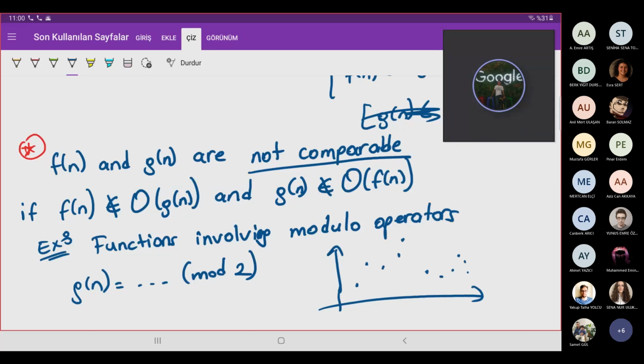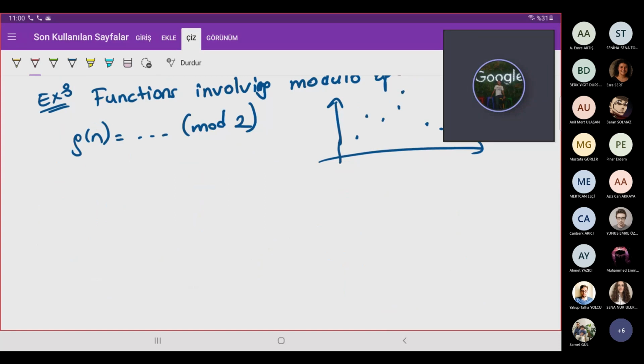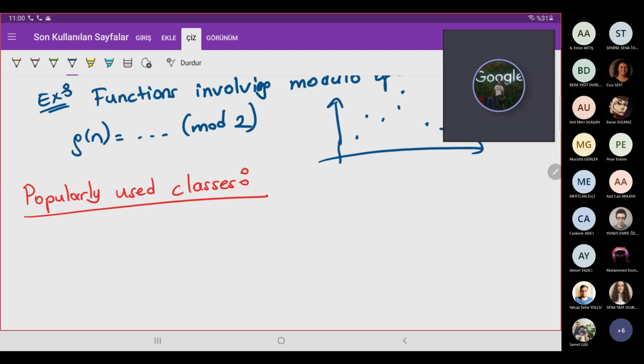Now I will give some names for some of the complexity classes that are used frequently. They have specific names and are popularly used classes, and when we say this class, everybody knows what we mean. The fastest one, big O one, we say that it's constant order.